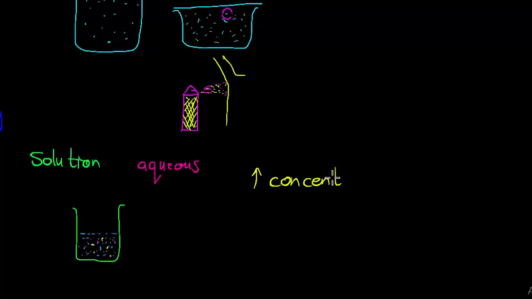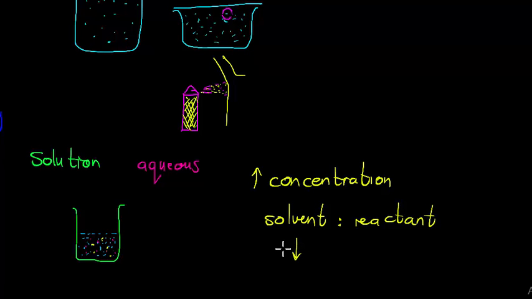Now, the concentration is the ratio of your solvent compared to your reactant. I keep forgetting my C in reactant. So in other words, if we want to increase the concentration, that means we either have to decrease the solvent, in other words the amount of blue dots, or we have to increase the reactant, keeping the solvent the same, or both, of course.